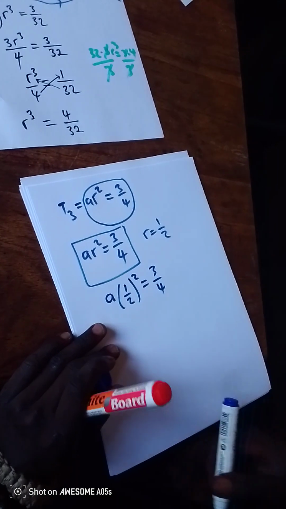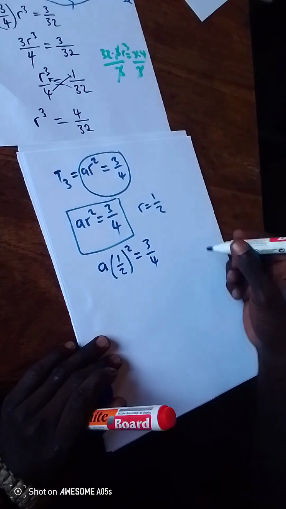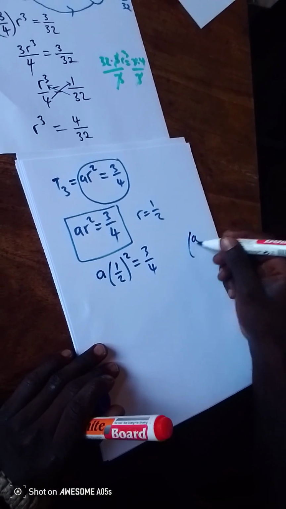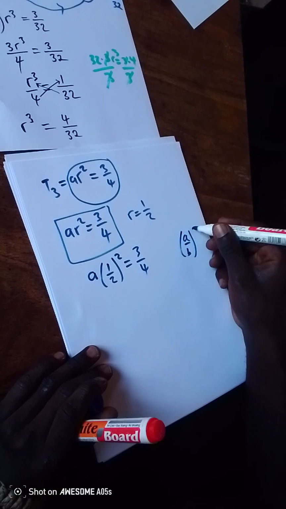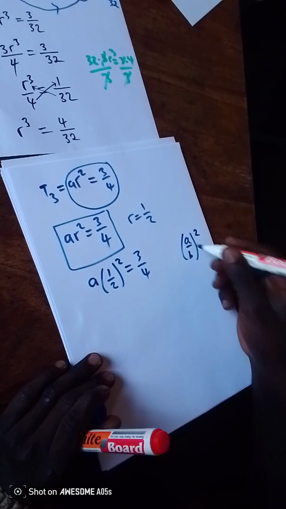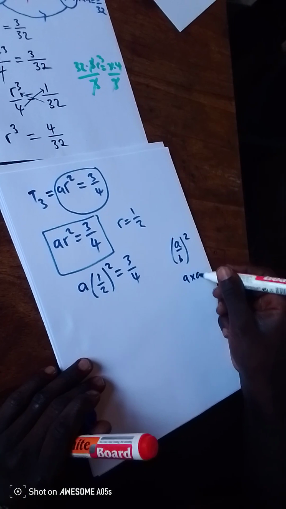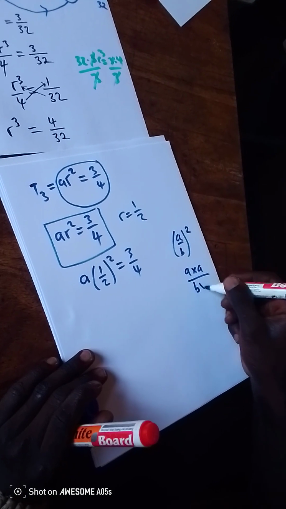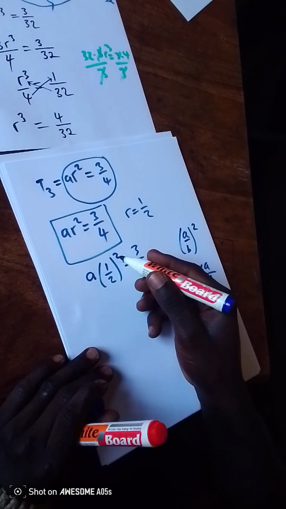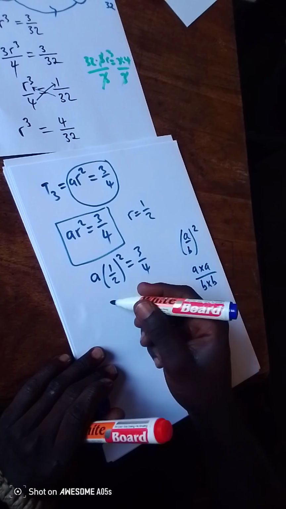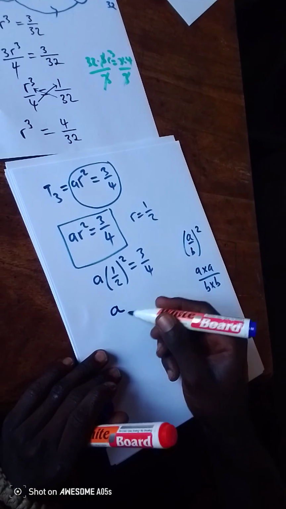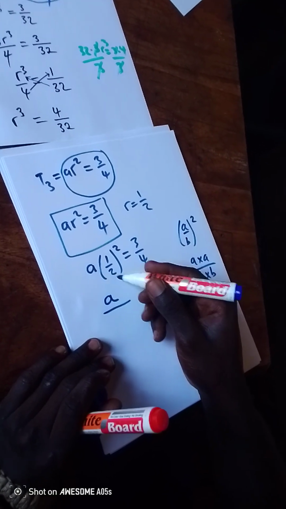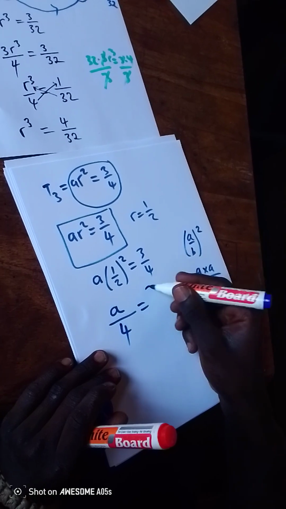Then we have that. At this point we know that if you have a fraction and that fraction is given a power 2, it means a times it and also b times it, like that. So at this point it is 1 times 1 times a, which is a. Then down it will be 2 times 2, which is equal to 4.